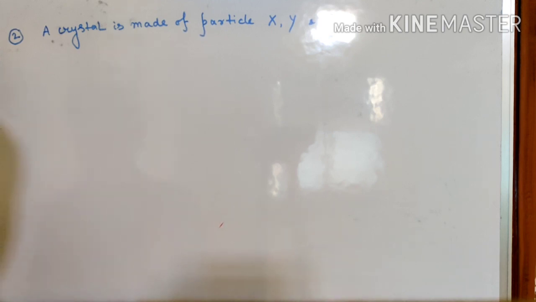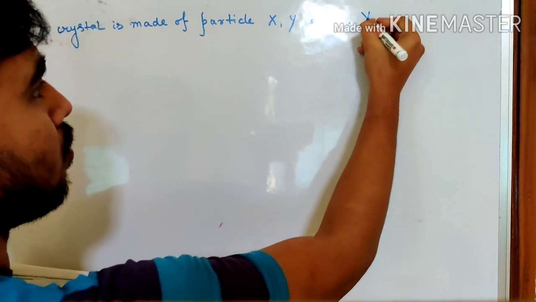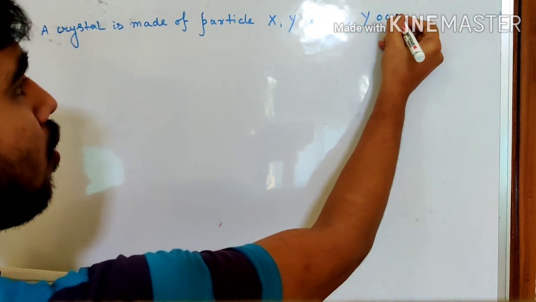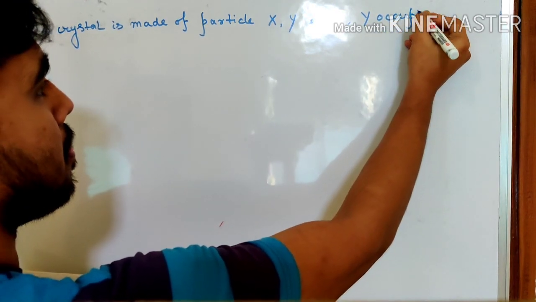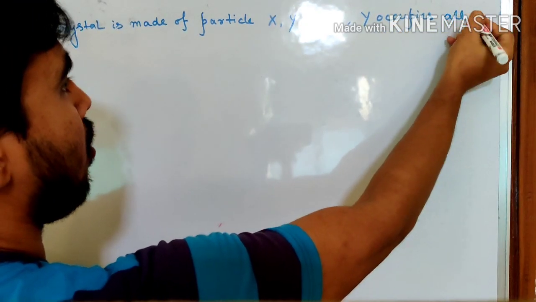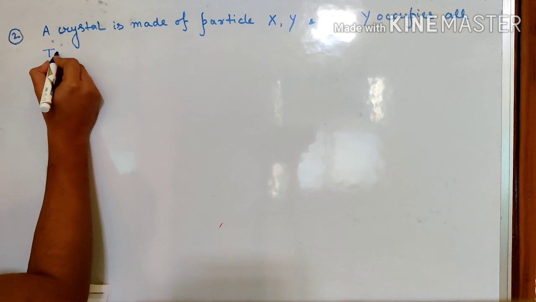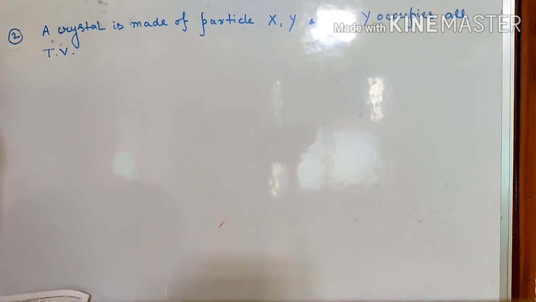Now 3 things are said. Y occupies all tetrahedral voids.